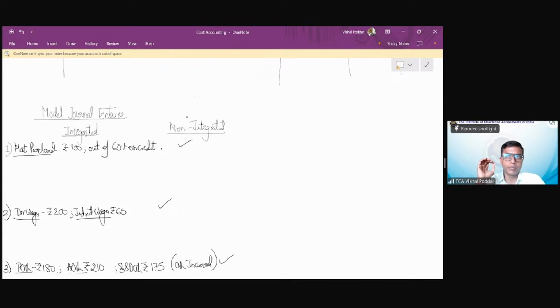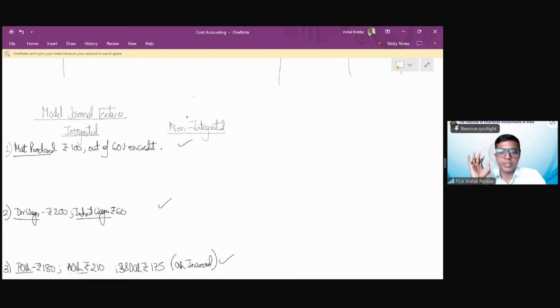Now, the simplest way of doing cost accounting initially, until you become a master, is first simply understand the transaction and find out the journal entry you would have passed had it been your normal financial accounting. So forget that this is cost accounting. What entry will pass if this is a regular financial accounting? First, think of that entry.